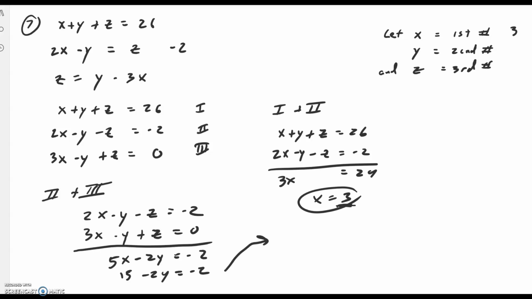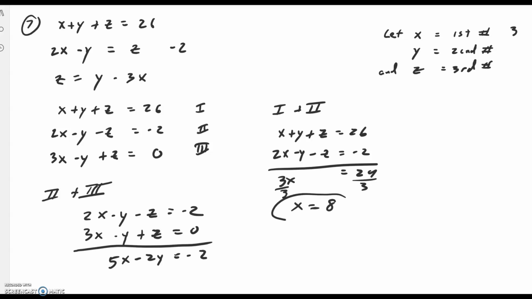I'm going to come up this way, subtract 15 from both sides, and I've made a mistake. So I am going to fix my mistake. I've decided here that x equals 3 for no very good reason at all, just a complete ridiculous thing. Maybe I was going too fast, I don't know. But x is pretty clearly 8.